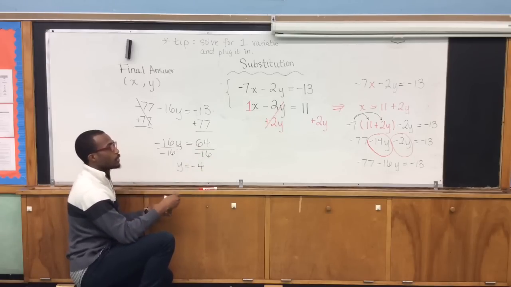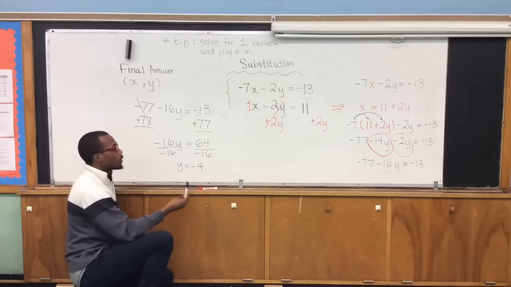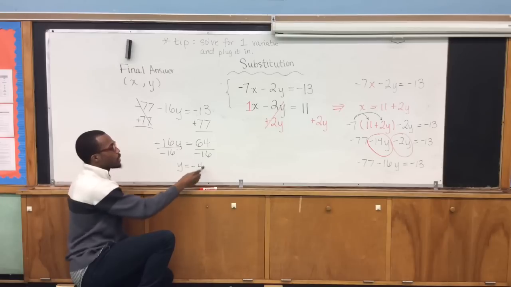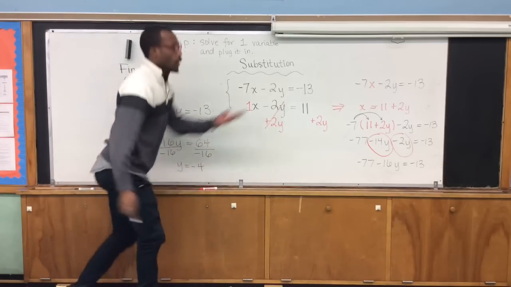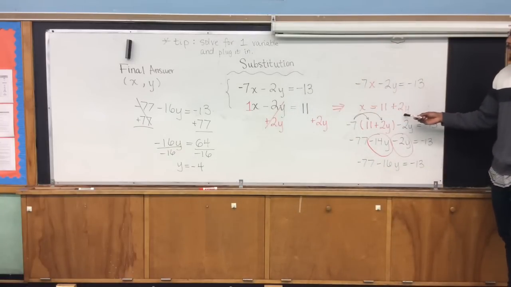Now we're not done because we only solved for y. We also have to find what x equals, all right? The last step is to take this y value, y equals -4, and go back to our equations. Since we already had x solved for over here, I will plug it back into here.